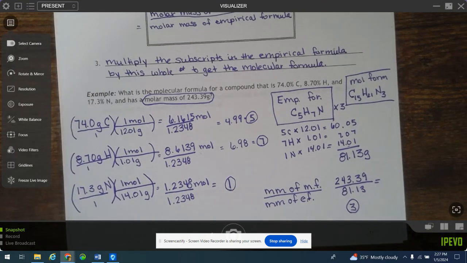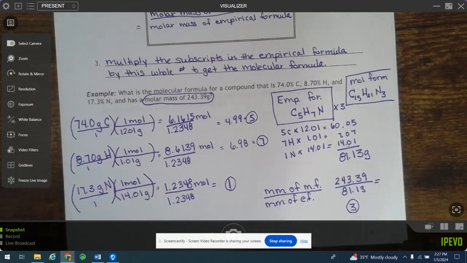I'm not going to do another one of these. Hopefully we'll be in class and we can work on these and you will catch on. It's just memorizing the steps to go through and understanding what you're converting to and from. But it shouldn't be too bad. And that is a wrap on this first unit of 2024.